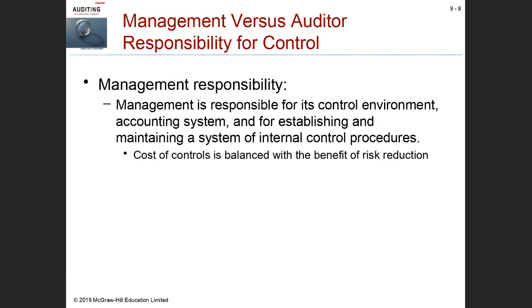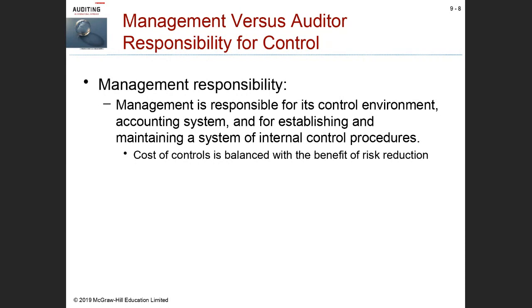One of the ways that auditors render opinions is by testing internal control, to substantiate their audit opinion. But the actual controls that are in place in any business organization are the responsibility of management, okay? And so management has to decide what controls they will put in place, and they should monitor those controls to make sure the controls are working.